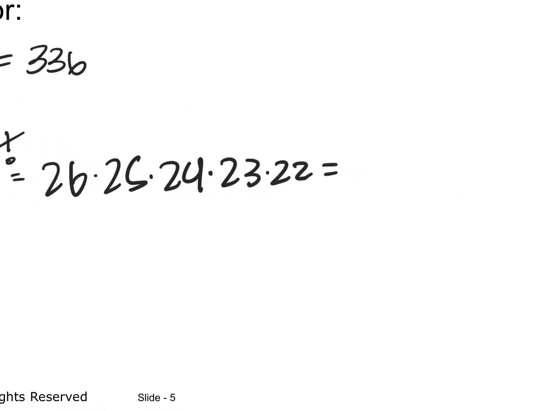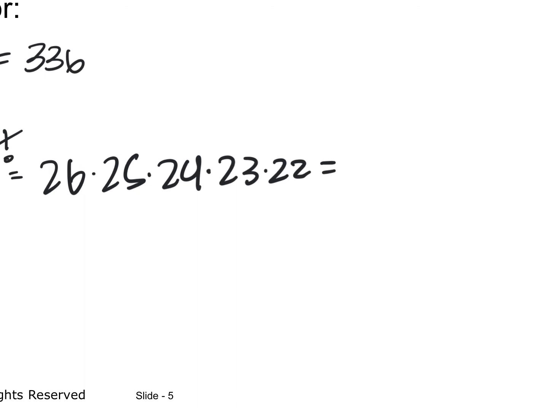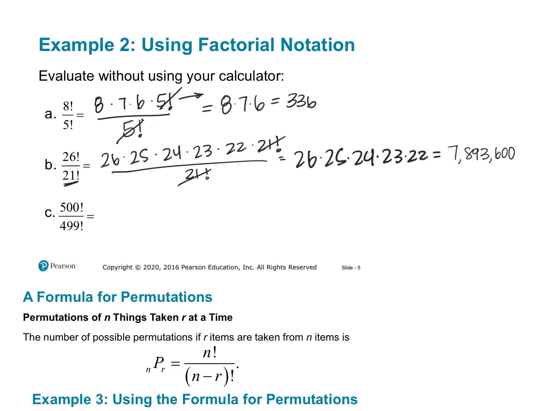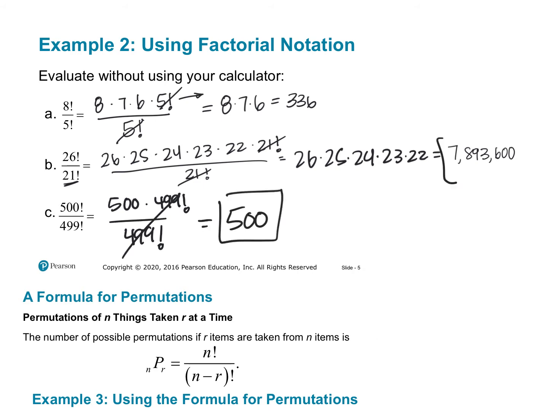You put that in your calculator, multiply all those numbers together, and you get 7,893,600. All right, next we have 500 factorial over 499 factorial. To get to 499, it's just one number away. So 500 times 499 factorial over 499 factorial. We cross those off, and it just equals 500 because that's all we have left over.